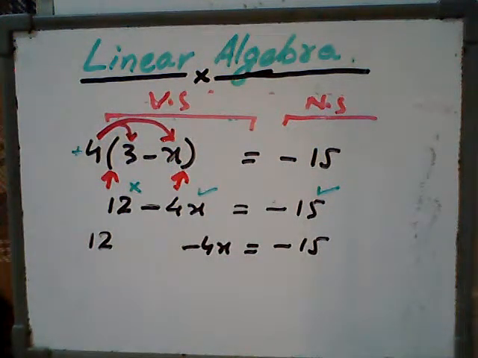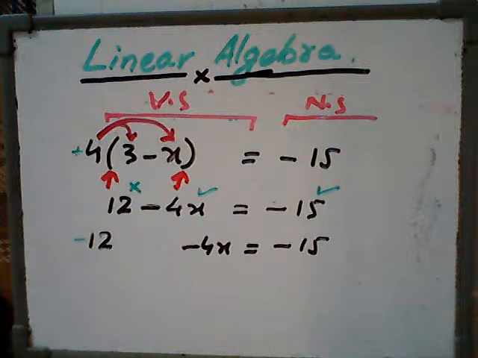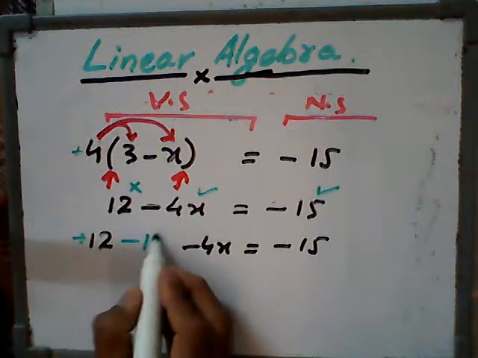So how will we solve 12? If 12 has no sign, it means it has a plus sign. So how to remove the plus sign? Yes, we'll be using minus 12.